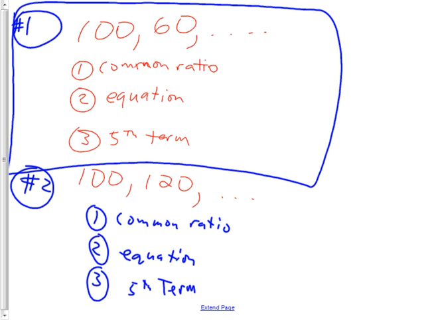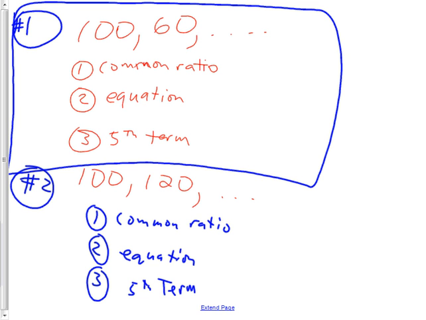So get your iPad out and give this one a try. Figure out the common ratio, the equation for it that you'd put into the calculator, and then find the fifth term with your calculator. I gave the suggestion you should start with u sub 1 because they're asking for the fifth term. I'm going to pause for a second while you work on that.